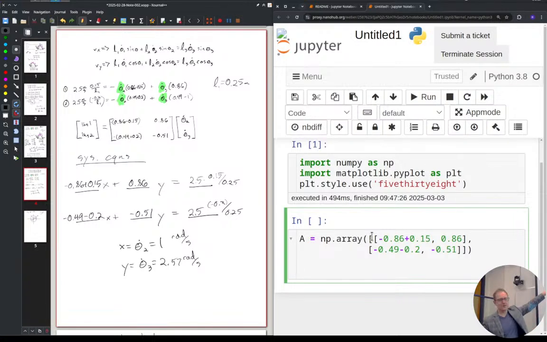So I'm taking the numbers we plugged in for the system of equations and putting them into rows and columns in a matrix, but not the equals part. All we need are the coefficients. Once you have a matrix, all the variables are gone.